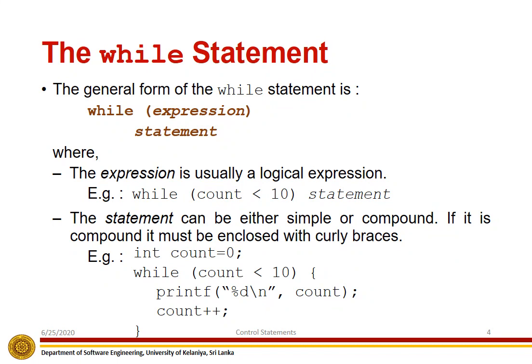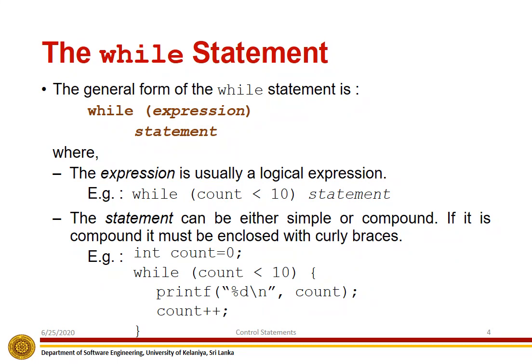Here you can see a simple example in the slide. While, then the condition or expression inside the parentheses, count is less than 10. Then I have given two statements to execute while the condition is true. So that is a compound statement, and that's why I have used curly braces here. The printf function, and on the next line, count++, the increment operator.